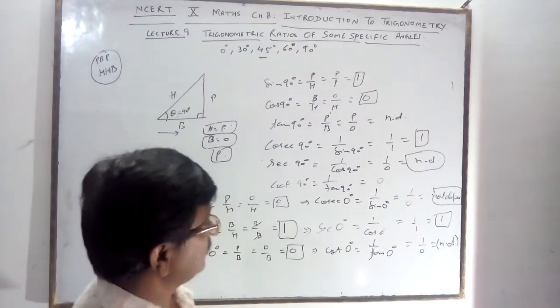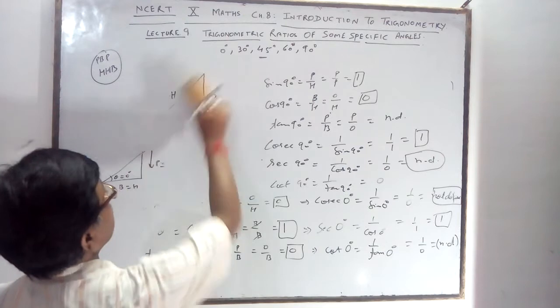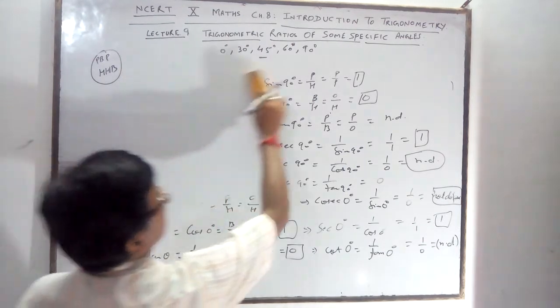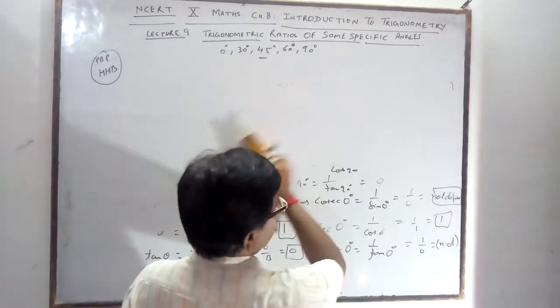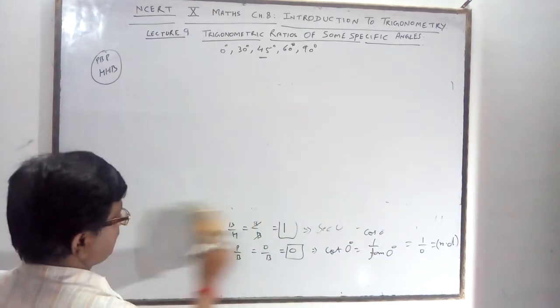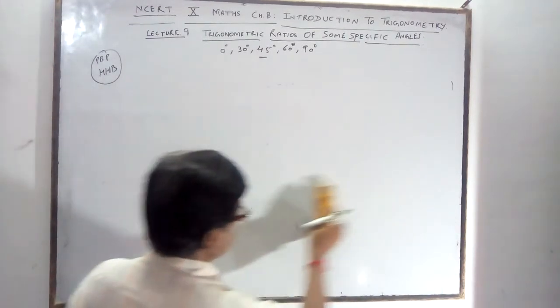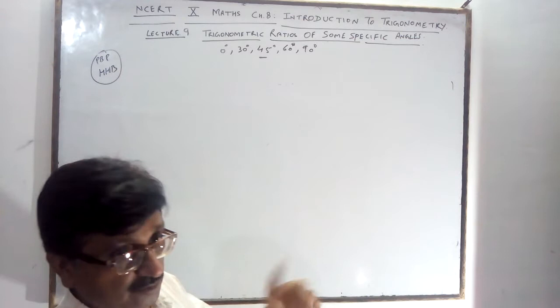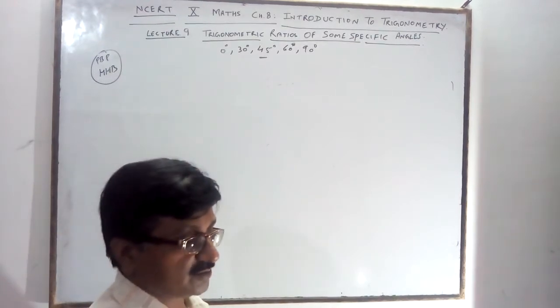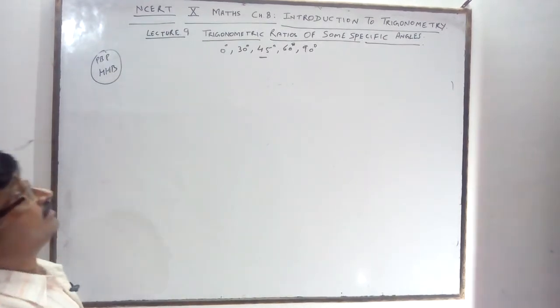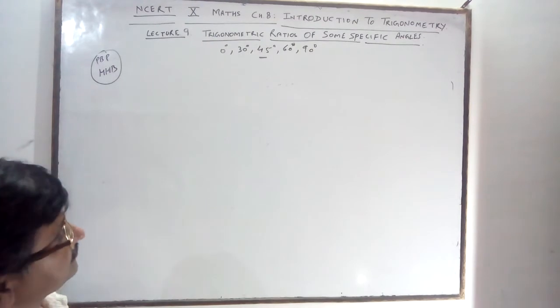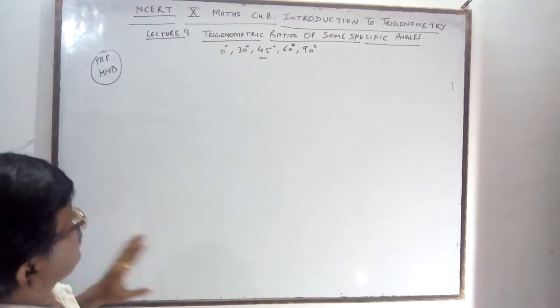How will you write it in the form of a table? All the values together you will write. It is an assumption form only, because how will you know that perpendicular and base are equal? So by the assumption part you will get all the values.